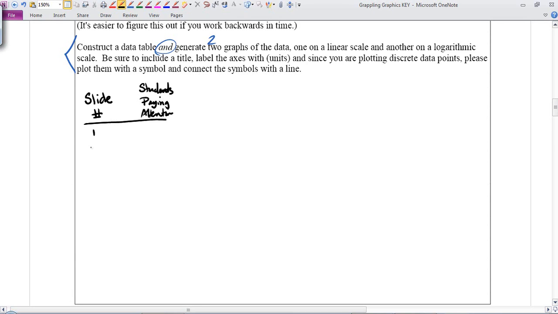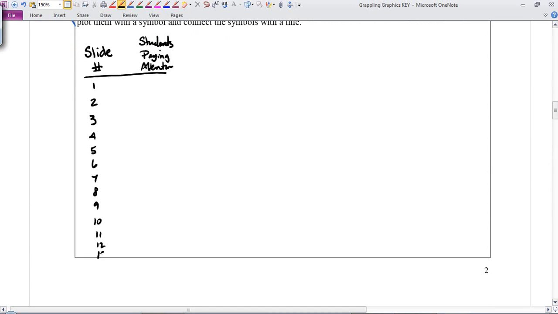Slide 1, 2, 3, 4, 5, 6, 7, 8, 9, 10, 11, 12. Uh-oh, I'm out of the box. 13, 14, 15. 15 slides. We know that 1 is paying attention at the end of that. Okay, so that's 1 that's left.